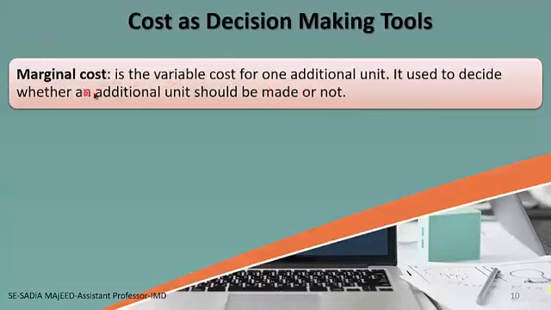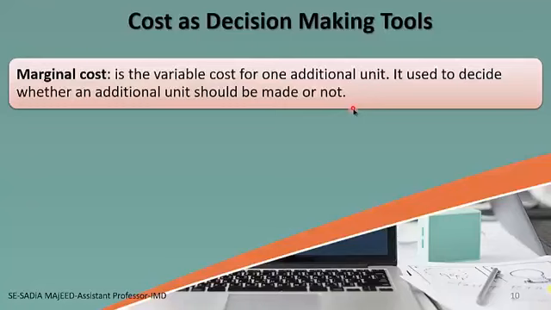By the marginal cost, you can get the idea whether you should increase the production or not by comparing the additional production cost with the change in the price of your product in the market. If the change in the price is greater than the additional cost, then you can increase the production.